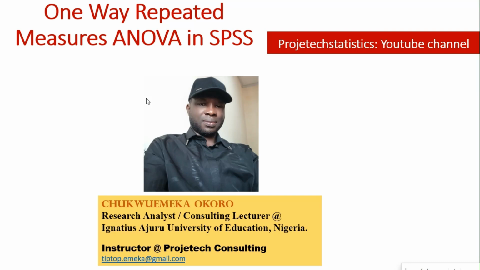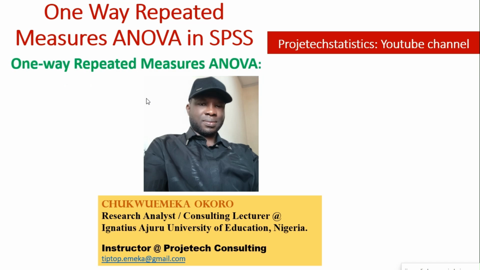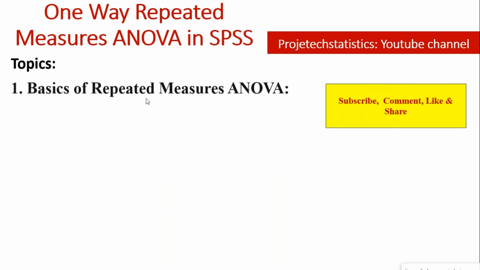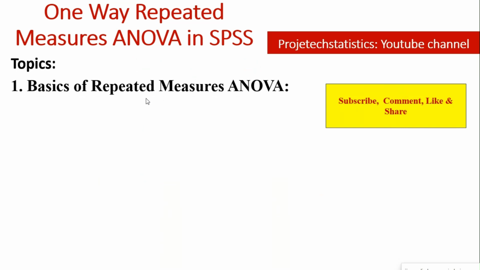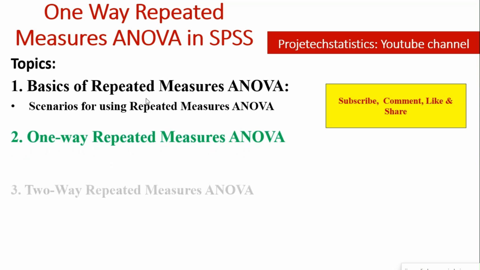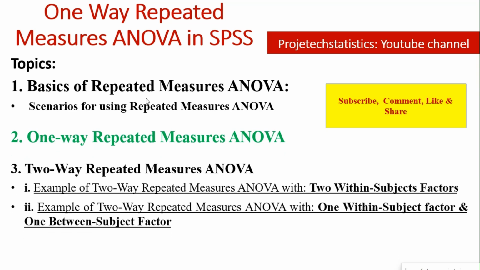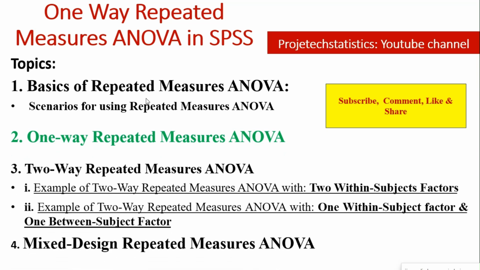Today, we're going to deal with one-way repeated measures ANOVA in SPSS. The topics we're going to cover include the basis of repeated measures ANOVA, the one-way repeated measures ANOVA, the two-way repeated measures ANOVA, and the mixed design repeated measures ANOVA.